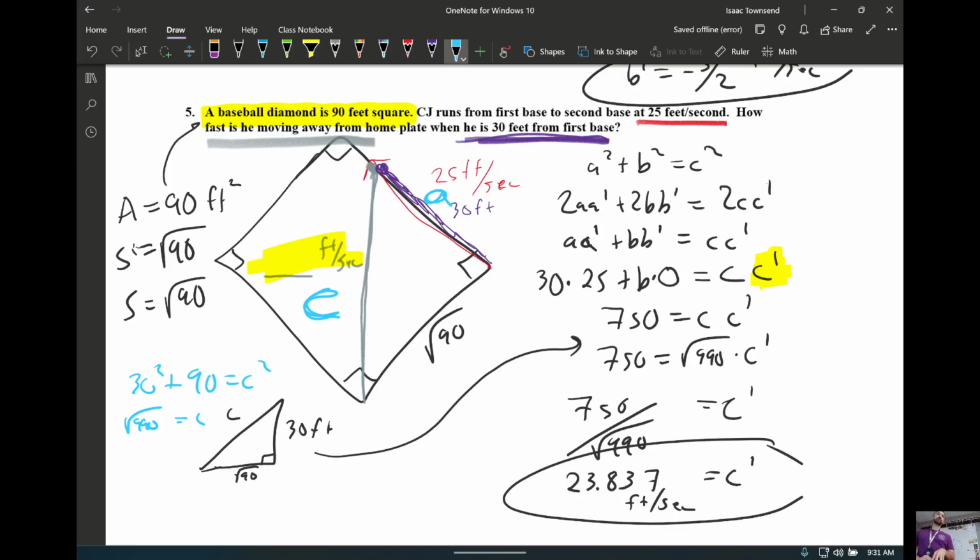Sometimes you're done, like the first couple questions. Sometimes there's one more thing you have to find, and it just depends on the question on how to go about finding that. But if you just write out what you have, write out the derivative, start plugging in the stuff you have, it should be painfully obvious what the next thing is you need to find. Trying to do it all in your head is way too much.